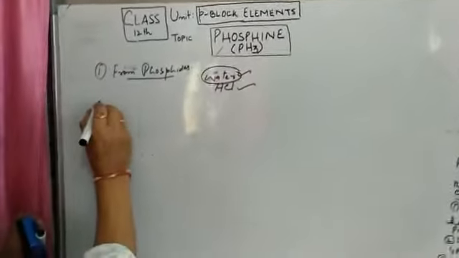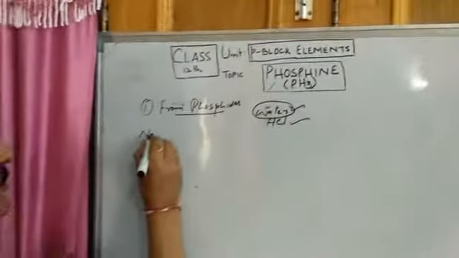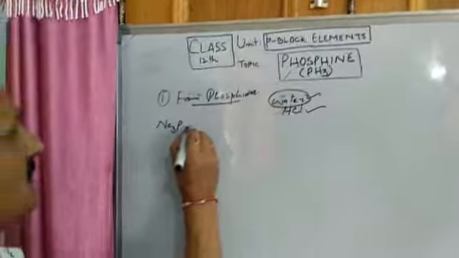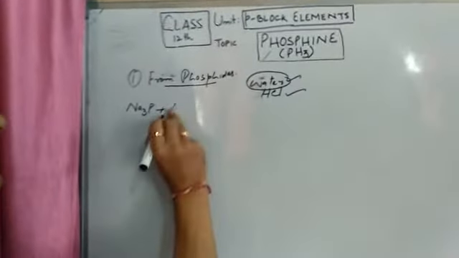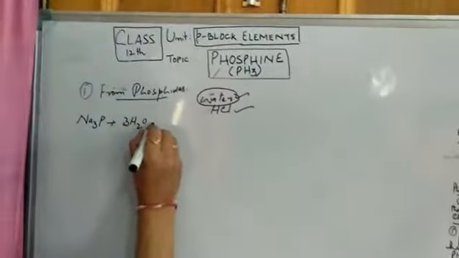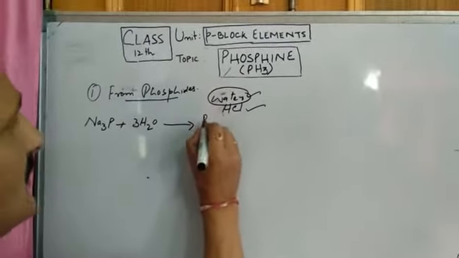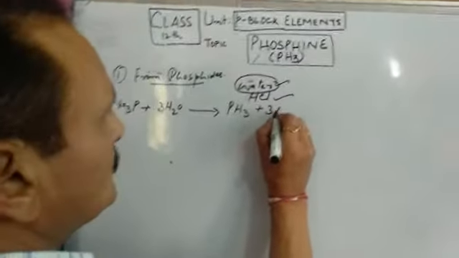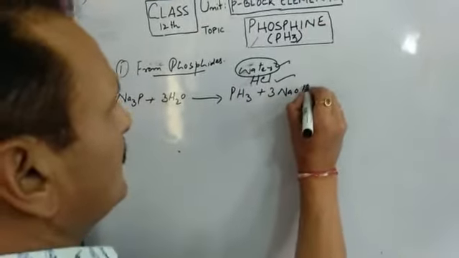For example, let me take sodium phosphide. Let us treat sodium phosphide with water. When sodium phosphide is treated with water, phosphine, PH3, is formed plus sodium hydroxide.